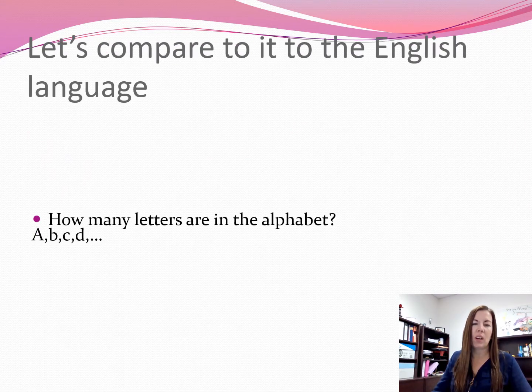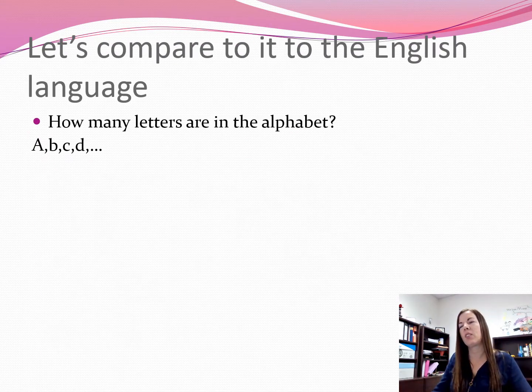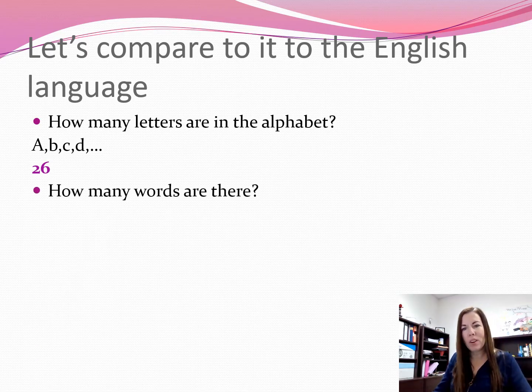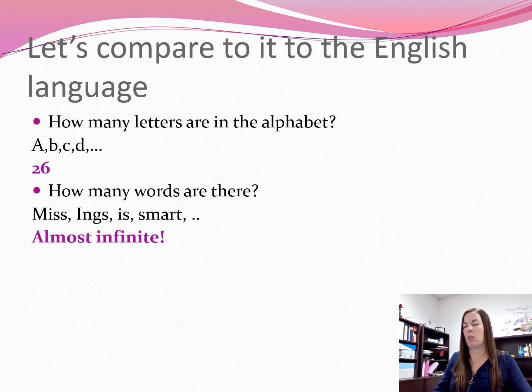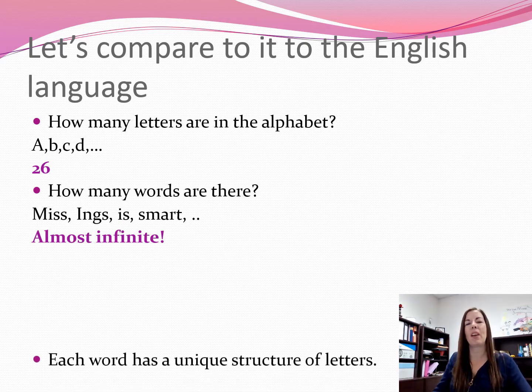Essentially, it's comparable to the English language. So when you think about it, how many letters are in the alphabet? Only 26. But how many words are there? Really, there's a ton. You could go on and on. It's almost infinite how many words there are, and there are always more being made. Not good ones, but there are more being made.